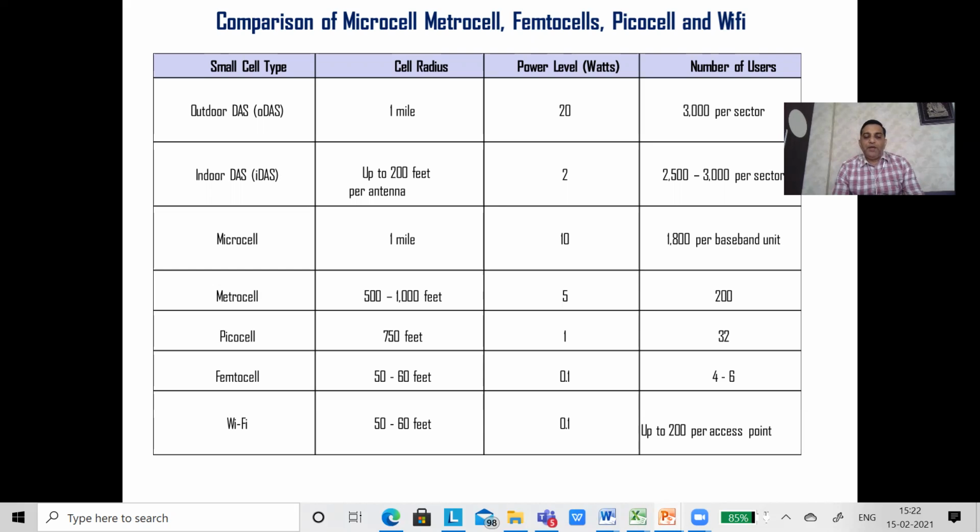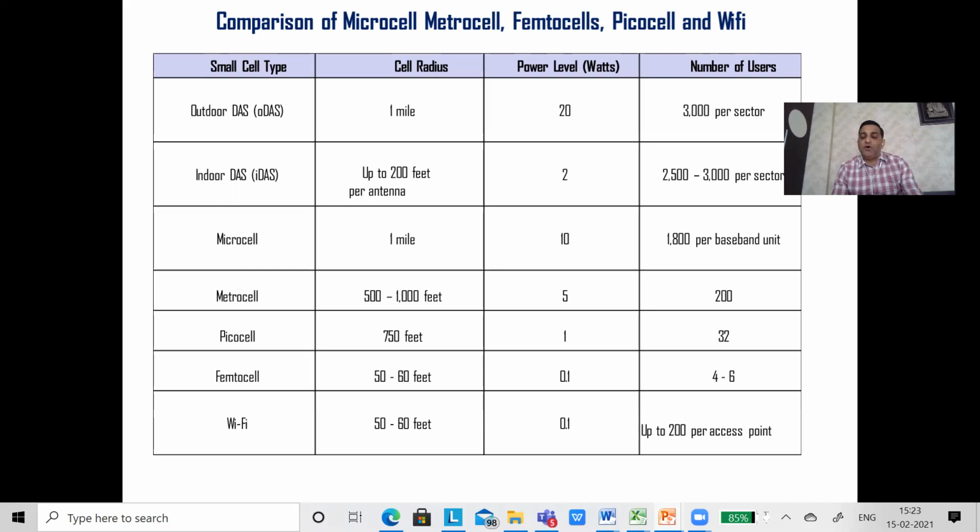If we talk about microcells, their applications are for outdoor use, and here there are wired connections, fiber connections, and microwave link connections.